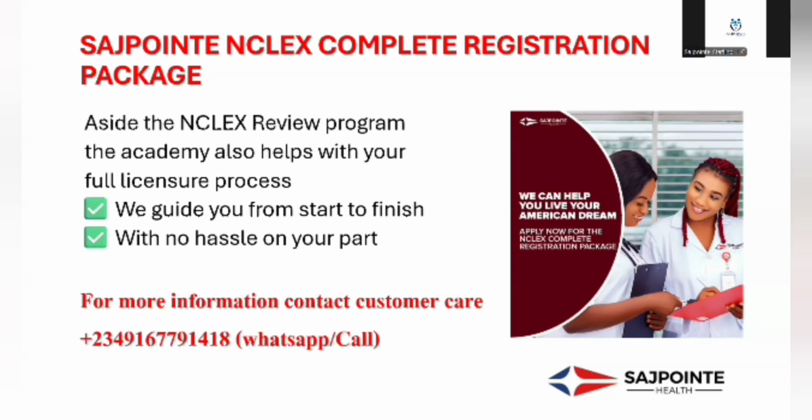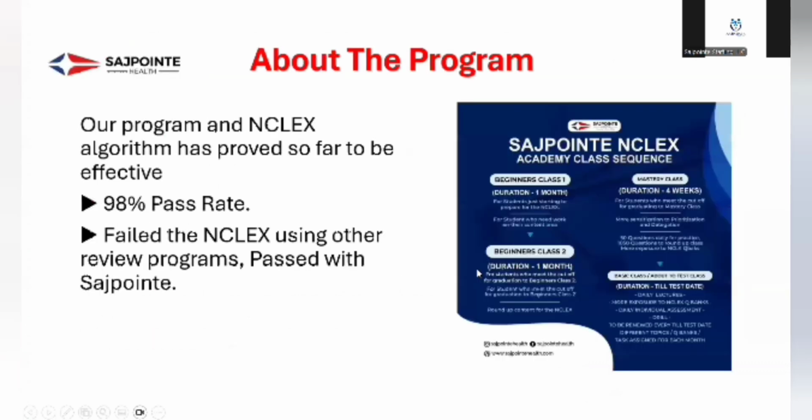Then we move you on to the pre-arrival group, where we help you go through the immigration phase and put you through with reputable agencies. We don't need that now, but just know that we guide you from the very beginning to the very end, when you achieve that American dream and deploy to the USA to work as a nurse. If you need any information on how to get on the NCLEX complete registration package, please contact this phone number here.